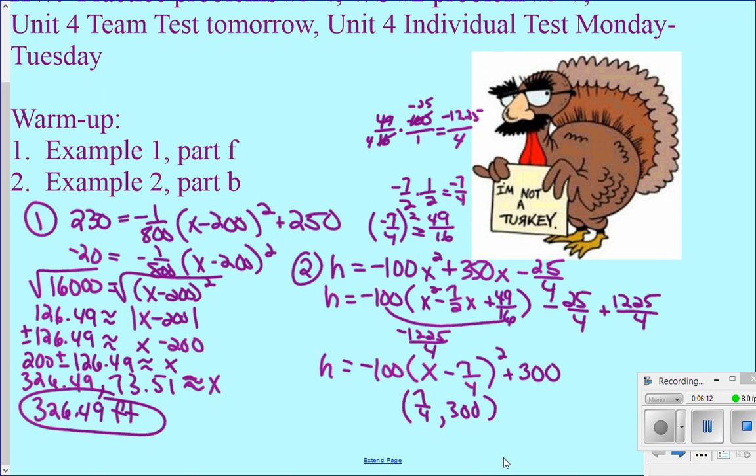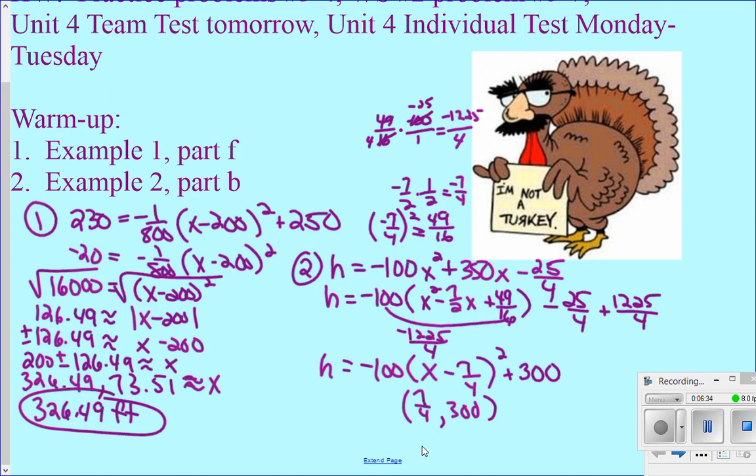Okay, and we know that that's going to help us figure out our answer. Remember, the question again was, what price should the bakery charge to maximize its profit? Well, x represents the price of a loaf of bread. So I want to use my x value here from the vertex, because that price will give us a maximum profit.